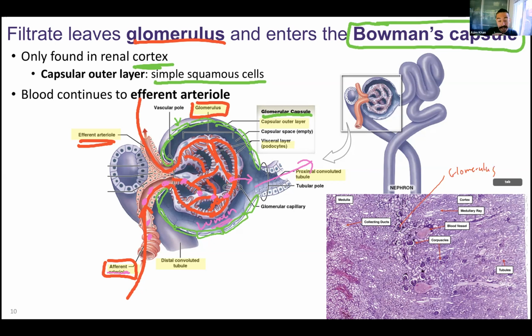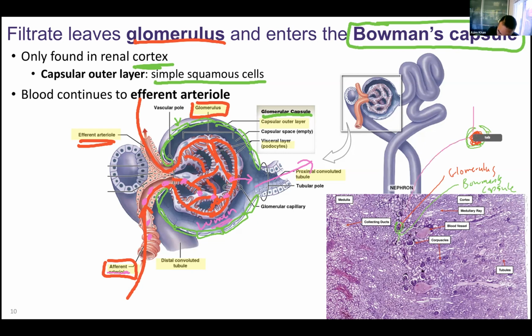And then the white part surrounding it, so let me draw my own thing up here. The lining surrounding here, that's a Bowman's capsule. Simple squamous epithelium surrounding the Bowman's capsule. And you see a white sliver surrounding each glomerulus.